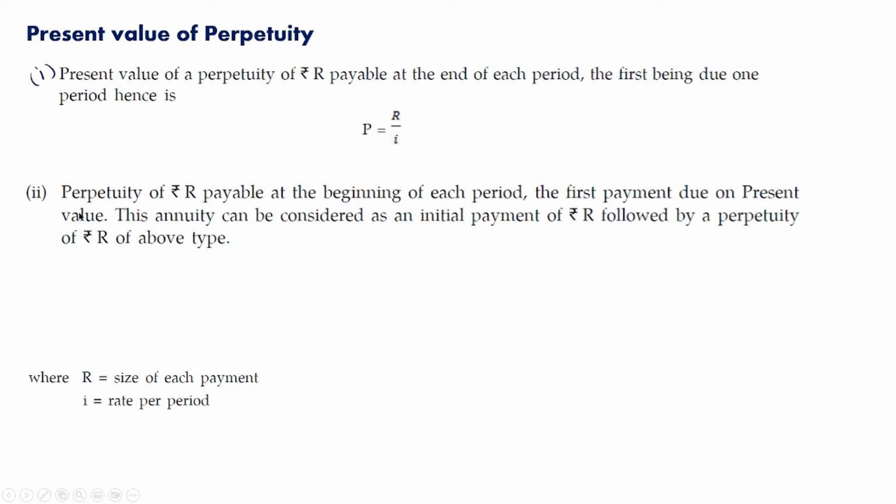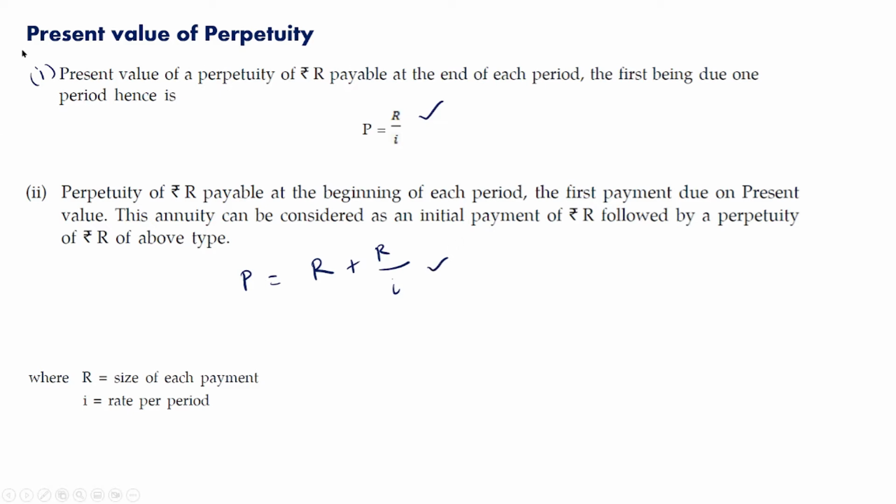And then the present value of perpetuity of rupees R payable at the beginning of each period, where the first payment is due on the day of present value, is given by P is equal to R plus R by I. So these are the two formulae that we have to remember.